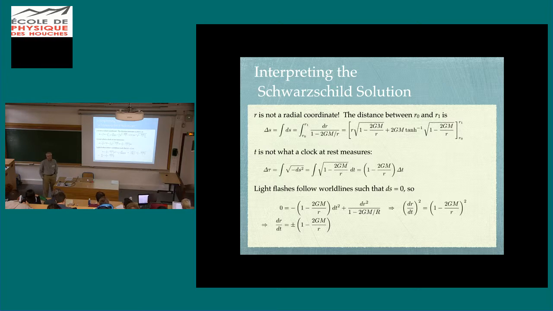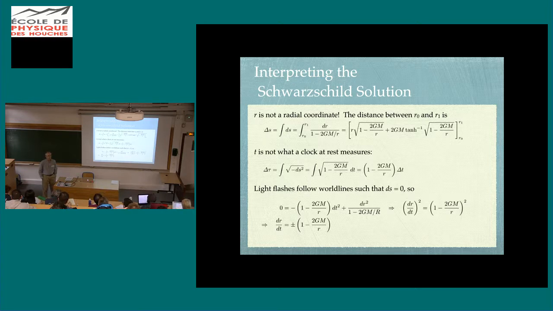I could call these coordinates A, B, C, D. I could call them Q, X, N, W. And they would exactly have the same meaning as t, r, theta, phi. We think that we know what t, r, theta, phi means, but you never really know what the coordinates mean unless you go to the metric.